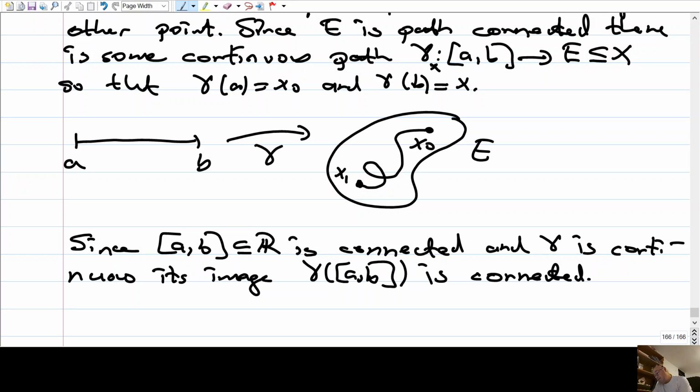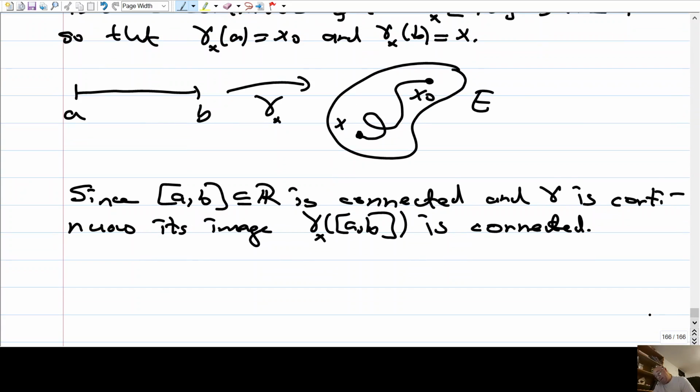Let me label this path by x. So for each x, I have such a path, and let me call this set ax.